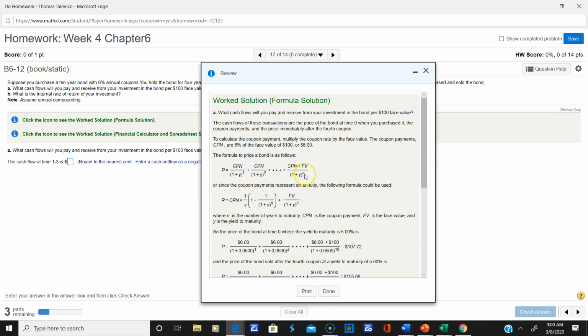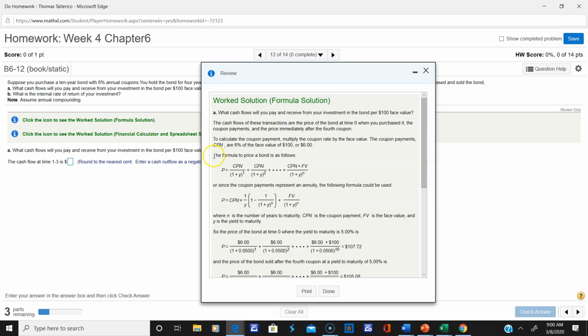Now, the question is, what is the price of the bond at time t0, when you bought it? What should someone have paid for this bond when you bought it? Because basically, the interest rates had changed right after you bought it.